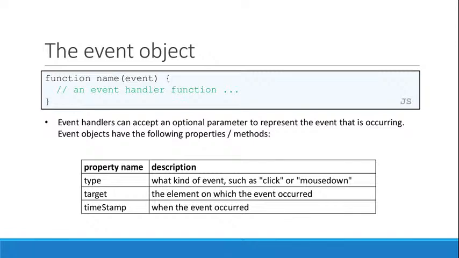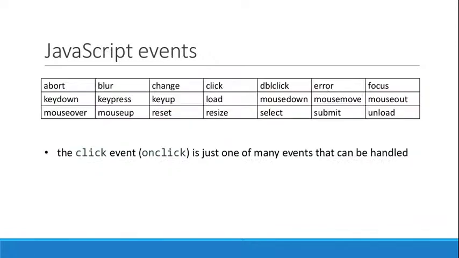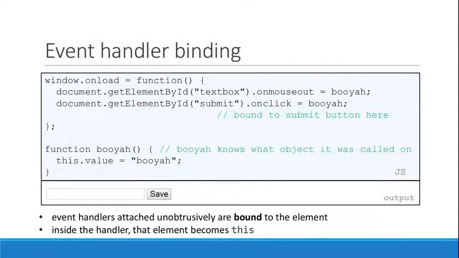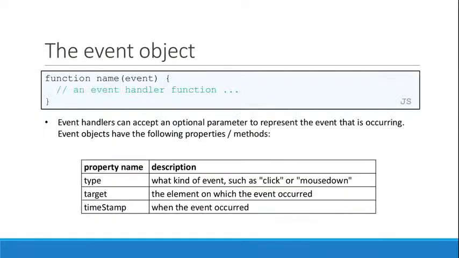So here we have an event object. The event handlers can accept an optional parameter to represent the event that is occurring. Event objects have the following properties or methods: the type, target and the timestamp.